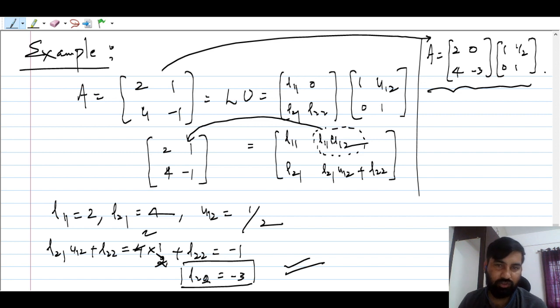L11 is 2, so U12 will be 1 by 2, because L11 times U12 is equal to 1. What is the value of L11? L11 is 2, so U12 is going to be 1 by 2, because you take the 2 to the other side. Did you understand this? It is simple manipulation, right?